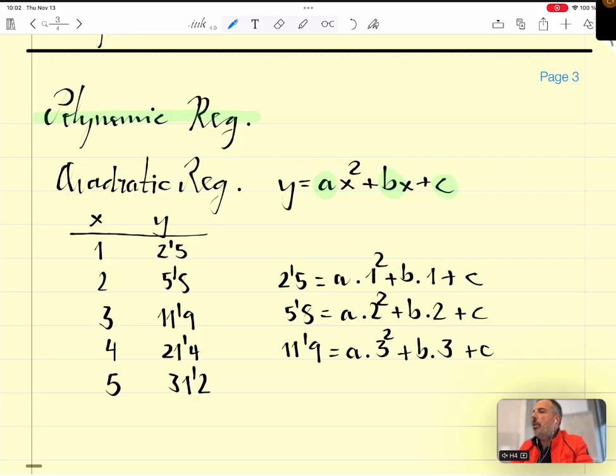So with these 3 equations, we can solve the problem. We can solve the 3 parameters.